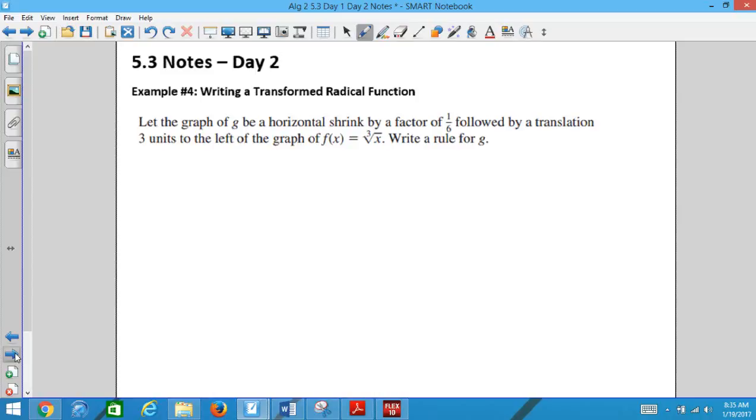So it might take some going back and looking at the chart a bunch of times to remember how to do this stuff. Let the graph g be a horizontal shrink by a factor of 1/6, followed by. This means we're going to do the first thing, and then we're going to find the answer.